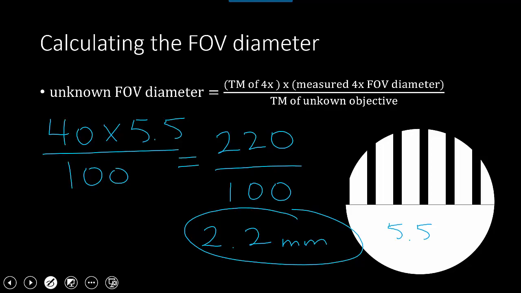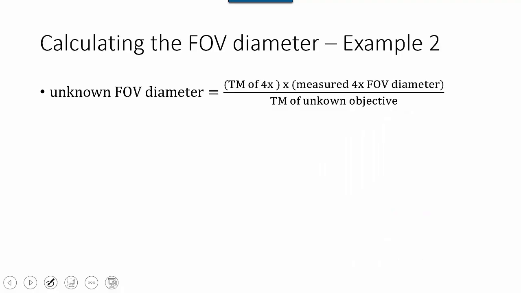Let's try another one. This time, let's figure out the diameter for the 40x objective. Again, we multiply the total magnification of the 4x objective, 40, by the diameter of its field of view, 5.5. Again, this is 220. This time we need to divide by the total magnification of the 40x objective because that's the objective we want the diameter for.